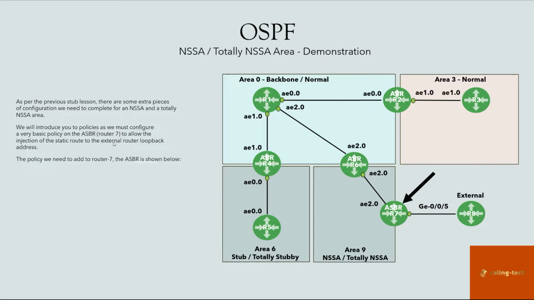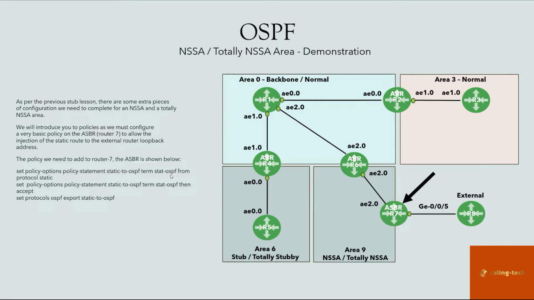The policy we need to add to router 7, the autonomous system border router, we'll show you that now. So we need to complete a set policy options policy statement, and this statement will be an intuitive name that you will utilize. Again, we'll see this in the config and be able to explain a bit more there. Then we create a term. We can call that any name we want as well, make it intuitive. Here I've called it stat-OSPF.